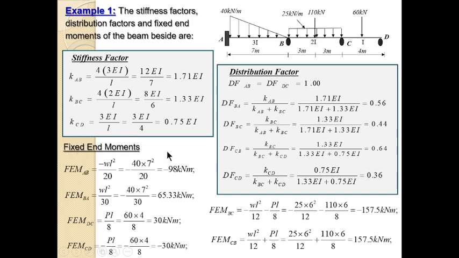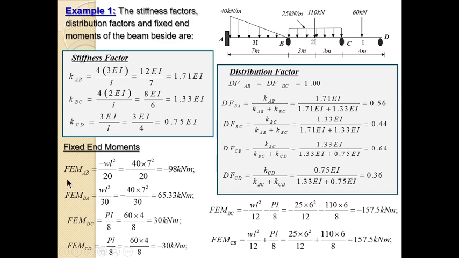Fixed end moment. We are going to do it member by member. Member AB has a uniformly varying load of magnitude 40 kilonewton per meter at the high end and then 0 at the other end.